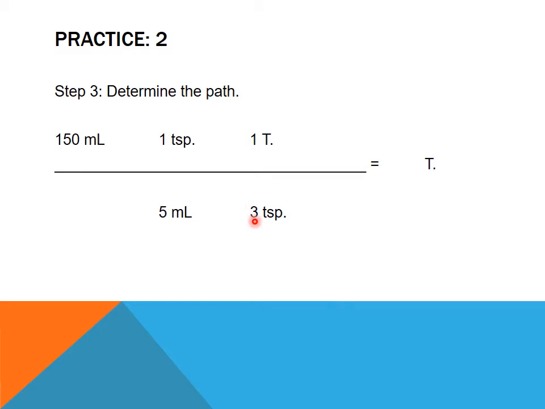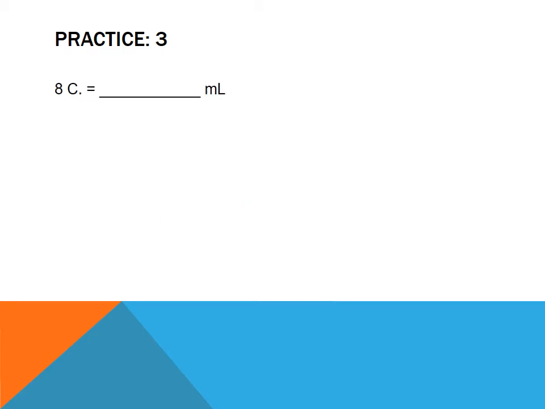We know that 3 teaspoons is equal to 1 tablespoon. Tablespoon is the symbol that we want. We have all the conversion factors that we need. We can eliminate milliliters, and teaspoons, and then we simply calculate. We multiply across, which is 150 divided by 15, which equals 10 tablespoons.